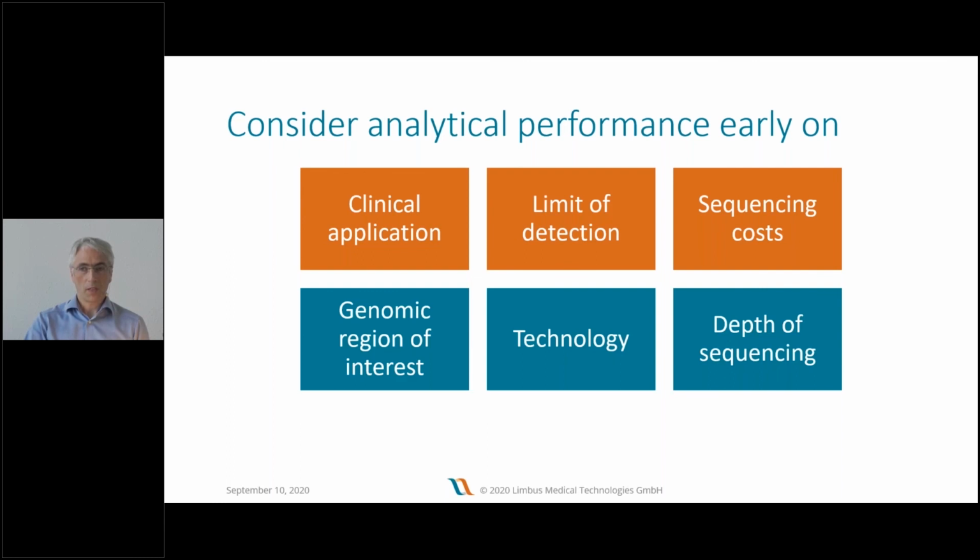And of course, the budget that you have and the technology that you're applying determine what depth of sequencing you need to apply. And ideally, you're using software that provides you specific feedback on how your assay performs, and that also saves you a lot of time by performing the validation procedure in an automated fashion.